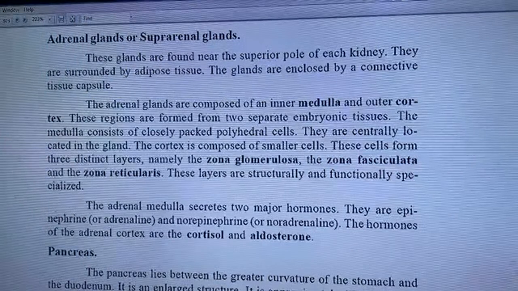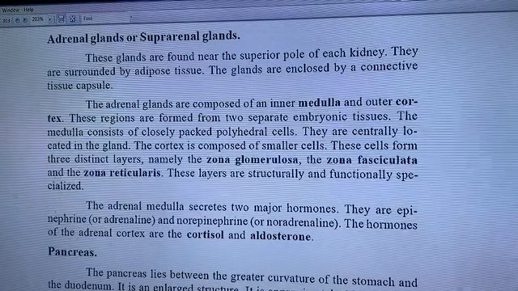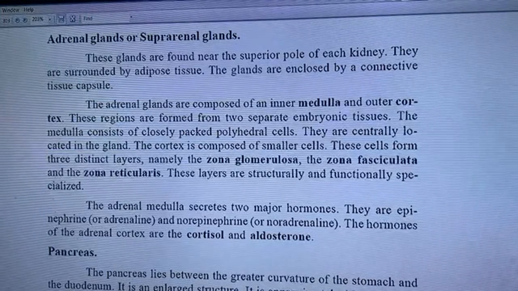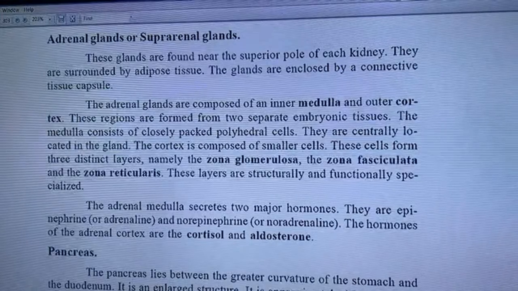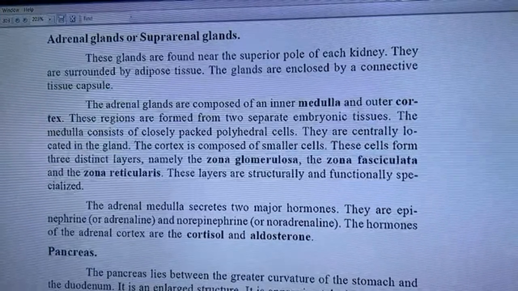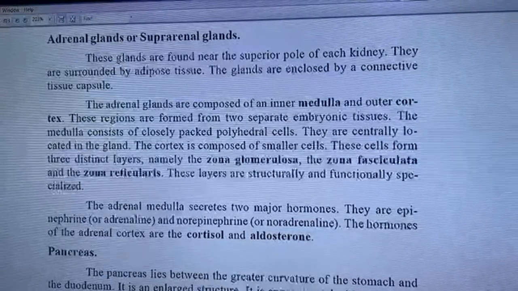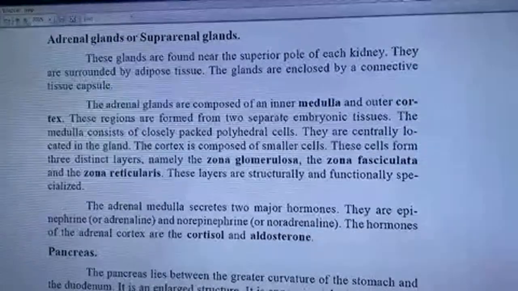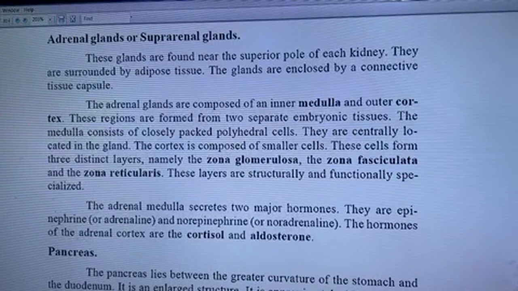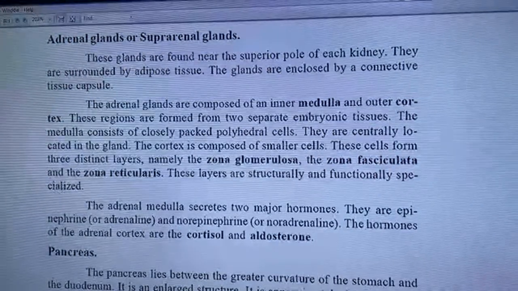The medulla consists of polyhedral cells. They are centrally located in the gland. The cortex is composed of smaller cells. These cells form three distinct layers, namely the zona glomerulosa, the zona fasciculata, and the zona reticularis. These layers are structurally and functionally specialized.